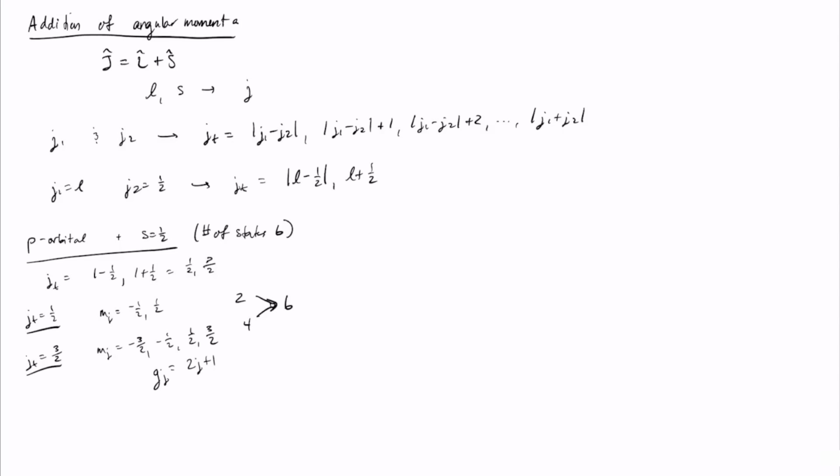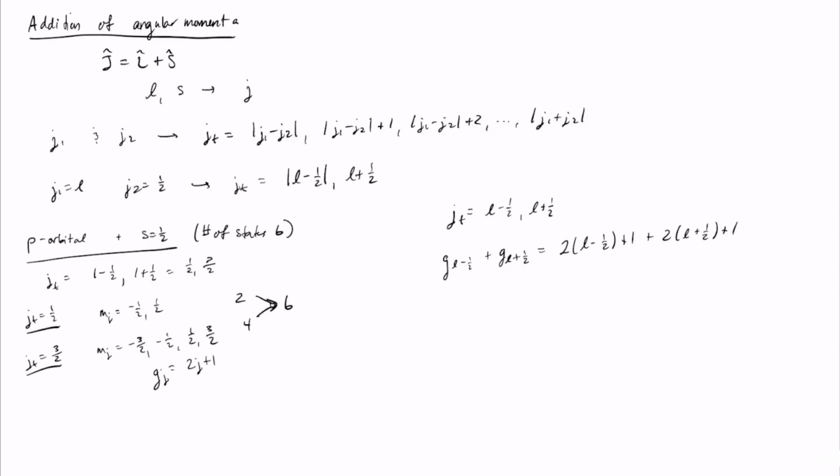You can actually show really quickly in general that this will always be the case. If you let j sub t equal L minus 1/2 or L plus 1/2, and then you add up the number of states that you would expect for L minus 1/2 plus the number of states you expect for L plus 1/2, this will be 2 times (L minus 1/2) plus 1, and then plus 2 times (L plus 1/2) plus 1.